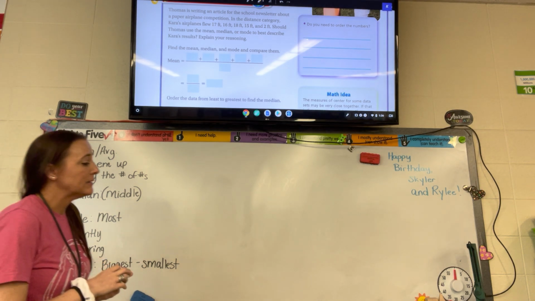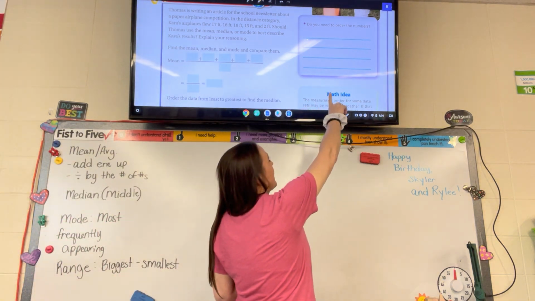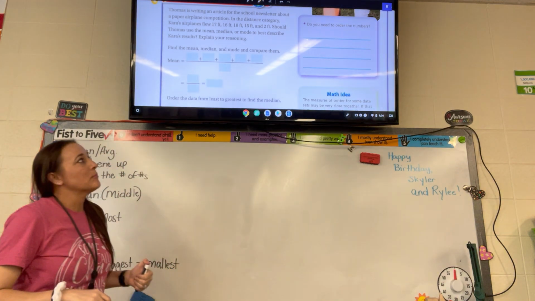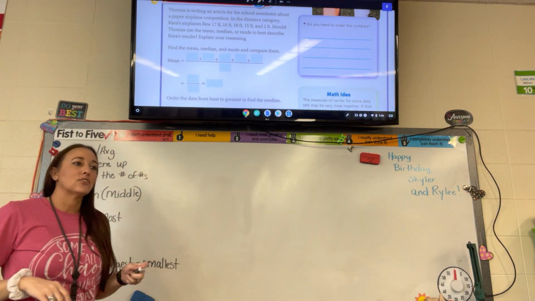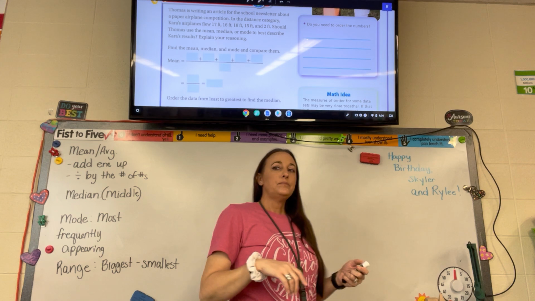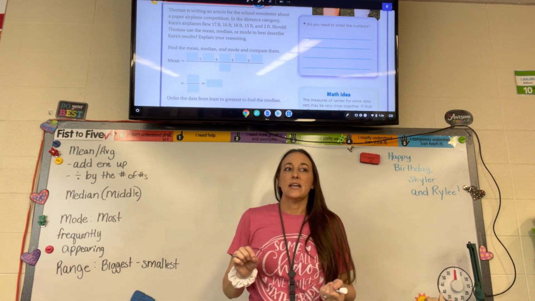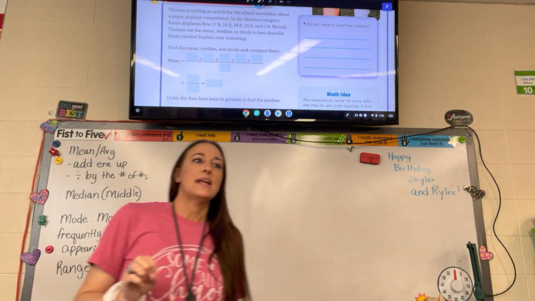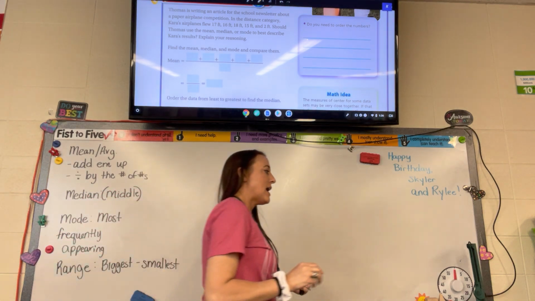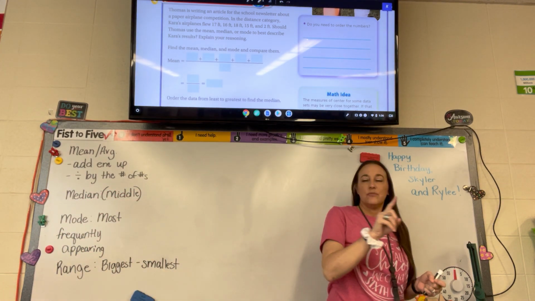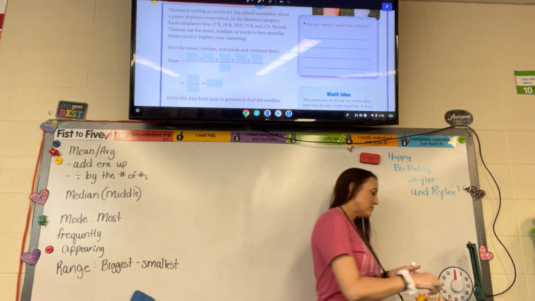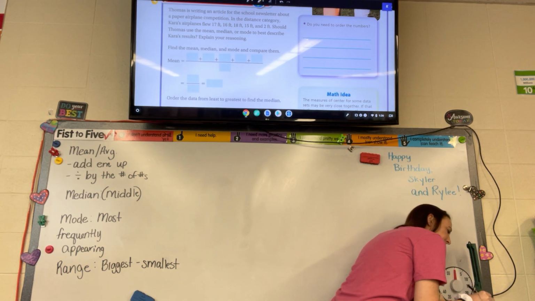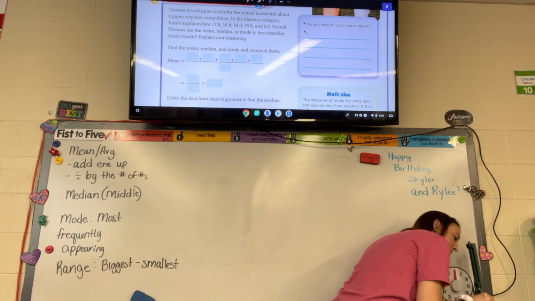Explain your reasoning. The first question we need to ask: do we need to put these numbers in order from least to greatest to find any of those things? Riley? Yes, we do. We need it for the median, right? To find the middle. So, yes.